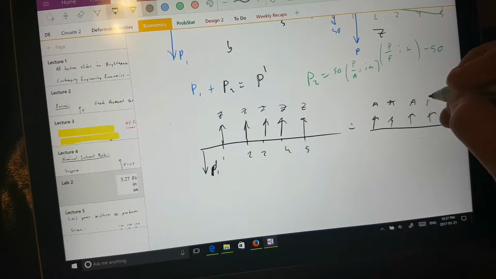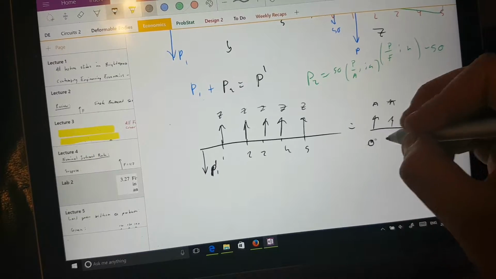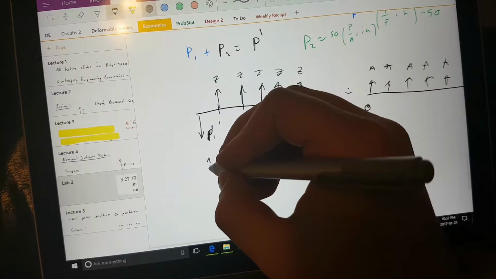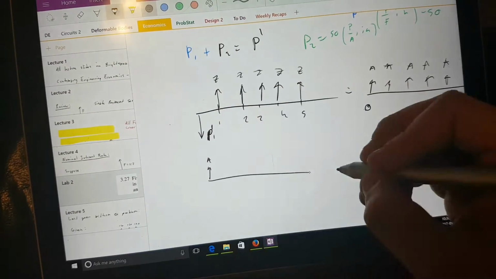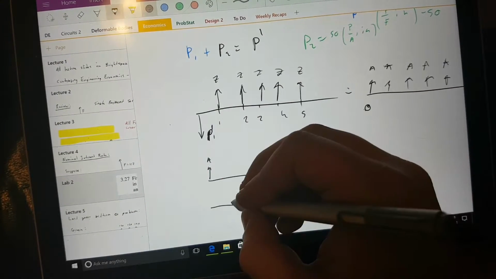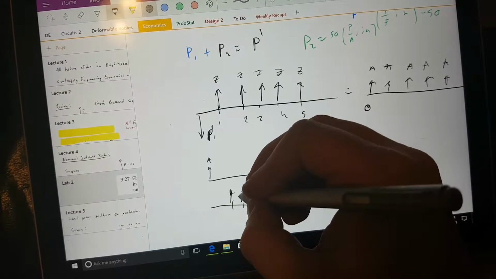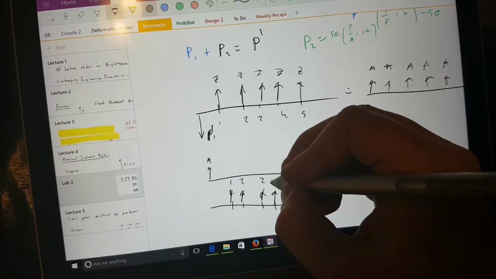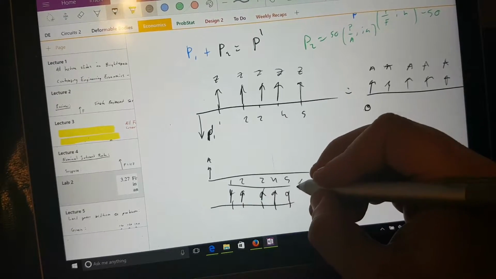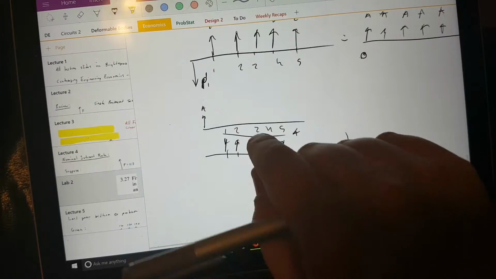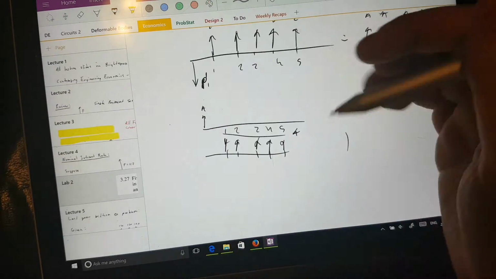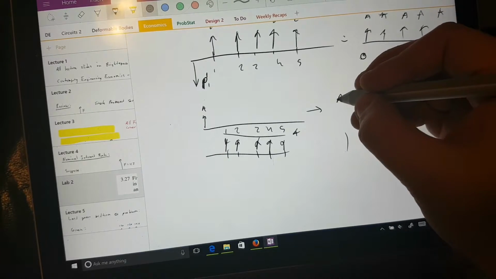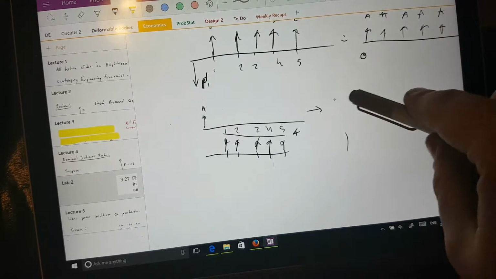Like the question wanted, I need it in A's, but this starts at year 0, so that's kind of weird, right? So I'm going to say that this is A in the 0th year plus 1, 2, 3, 4, 5, right? Sorry, this is like super quick and dirty. 1, 2, 3, 4, 5, but these are all A's, right? So then what I'm going to do is turn that into an equal payment series by multiplying it by A. I'm going to pretend it's a present value, right?